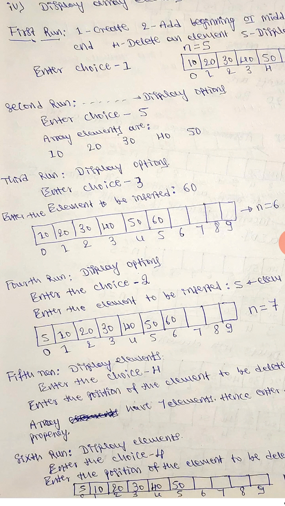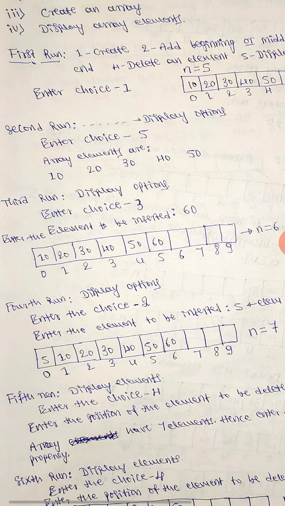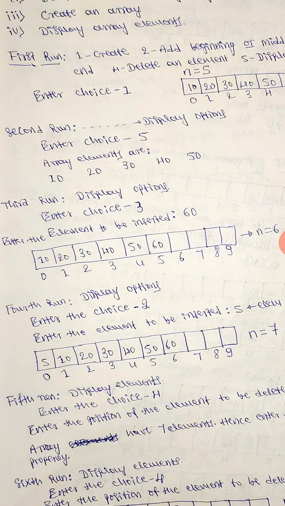Assume that in this example, I want to insert an element at the end of the array. It is simple because we are not going to alter the existing elements in the array. Hence, directly in the sixth location, we can store a new element.